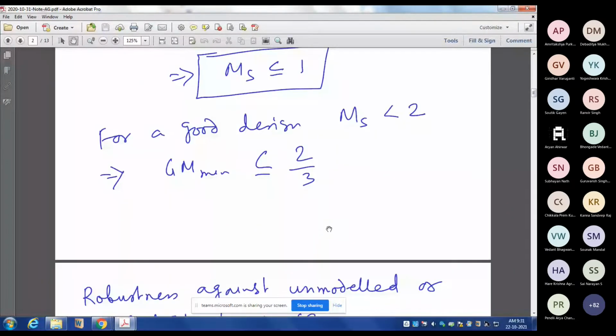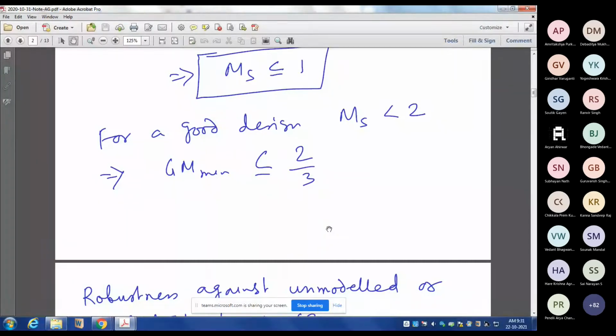So far we have considered some robustness measures for parametric uncertainties.